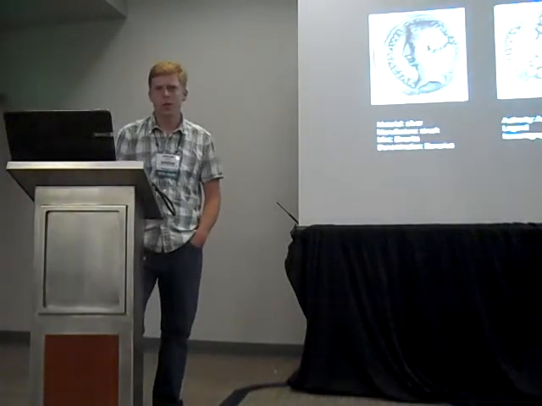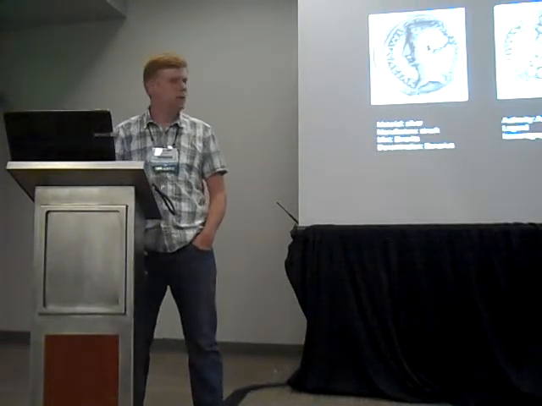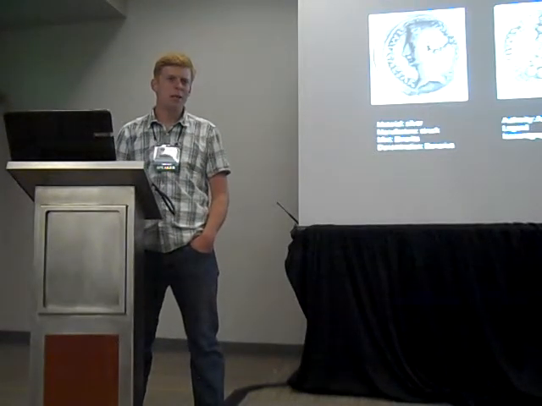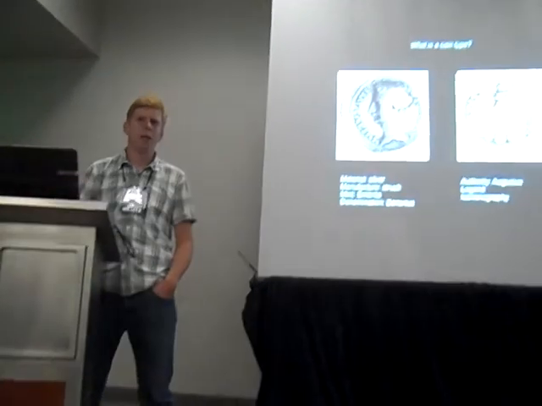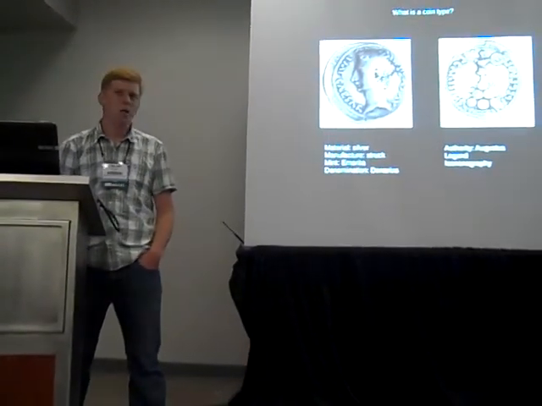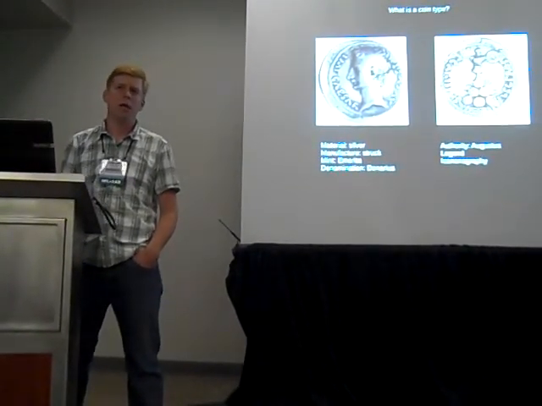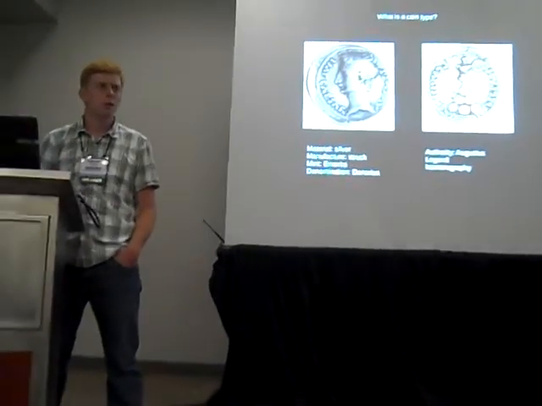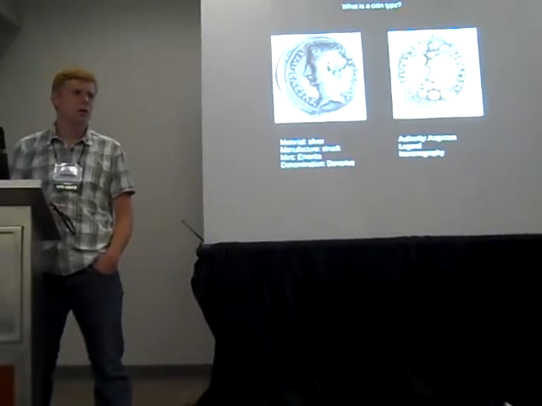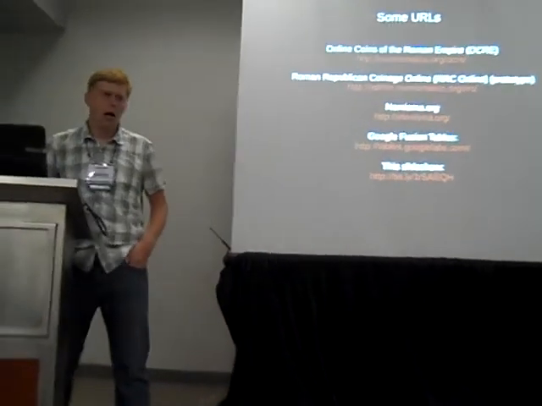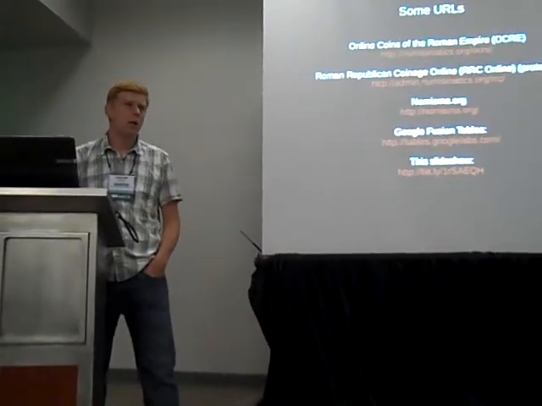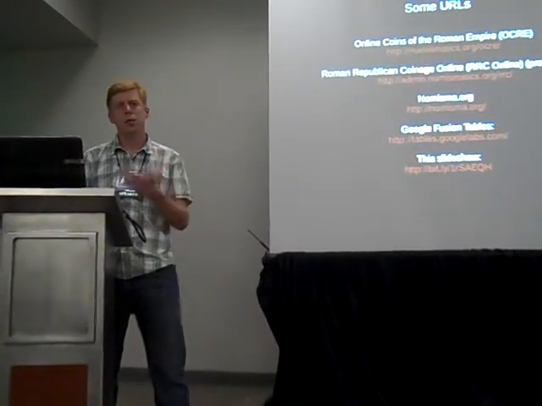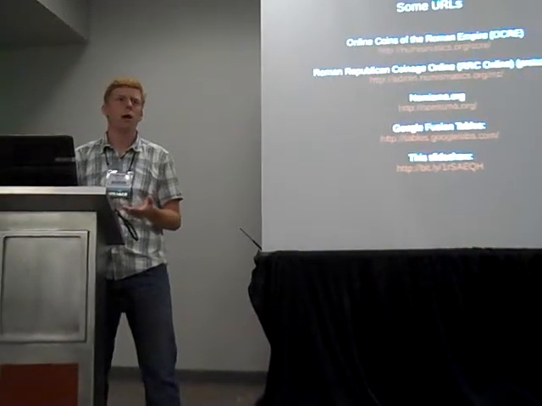So first of all, what is a coin type? A coin type is a conceptual object. It's an intellectual object. It's the idea of an ideal. A coin type is an ideal of a typology, and it consists of other typological attributes.